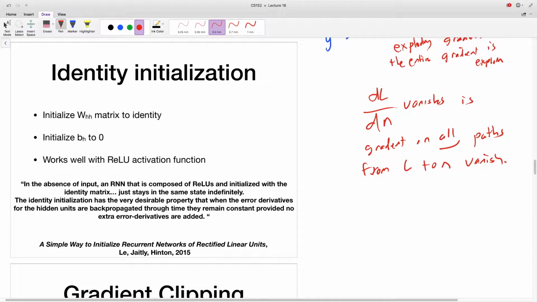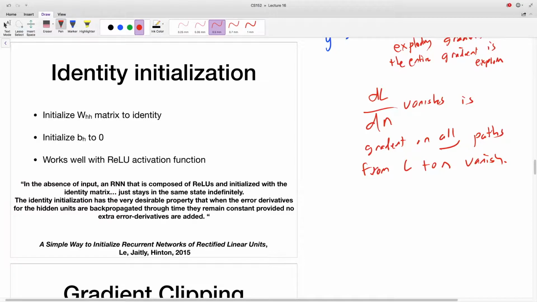Because when we're doing our backward propagation, remember, we have this multiplying by the transpose of the weight matrix. And so by multiplying by the identity matrix, as we're going backward, we're just keeping the same gradient going from one step to the previous step to the previous step to the previous step, assuming we don't have any other error coming in, like from the y hat at that time.